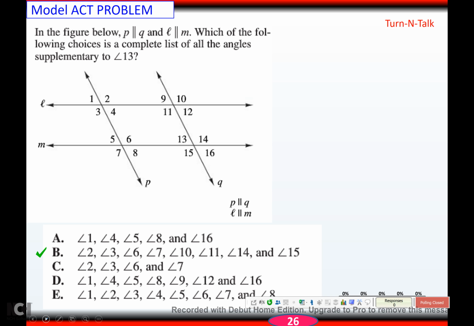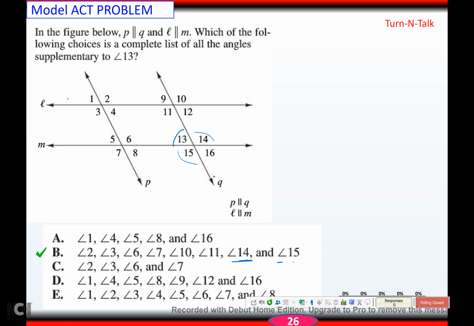Hopefully you got B. It says in the figure below, P is parallel to Q, and L is parallel to M. These two are parallel, these two are parallel. It says, which of the following choices is a complete list of all the angles supplementary to angle 13? Well, supplementary to 13 is 14, because that and that has to equal 180.